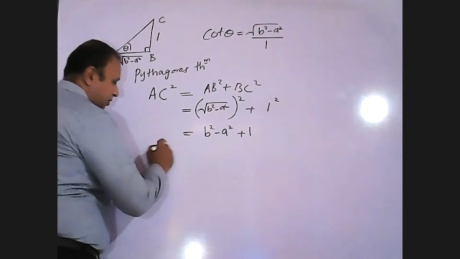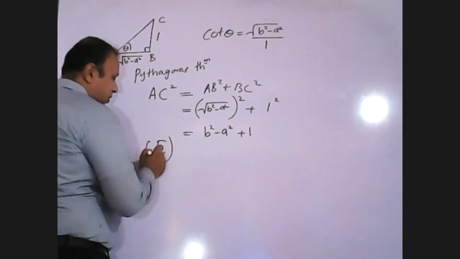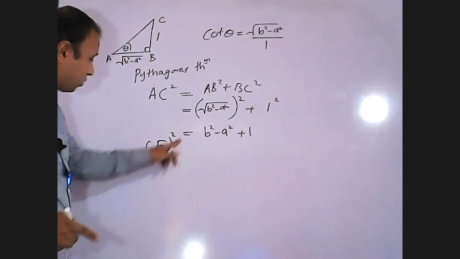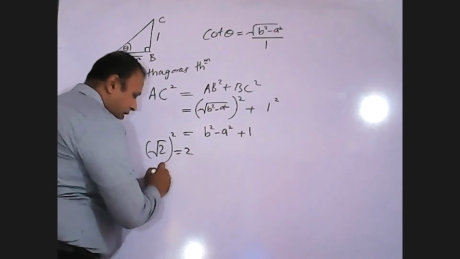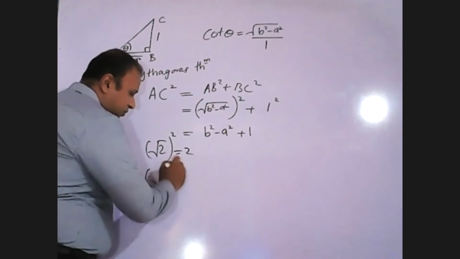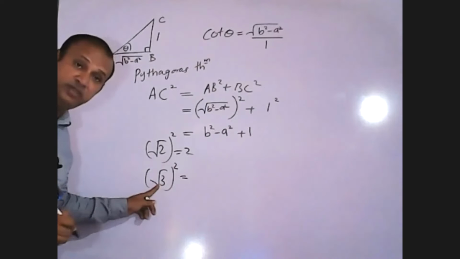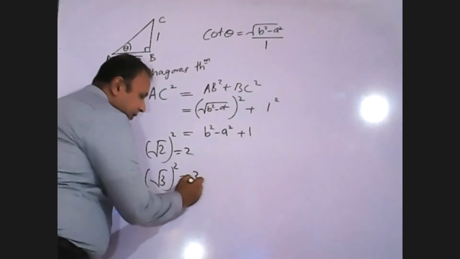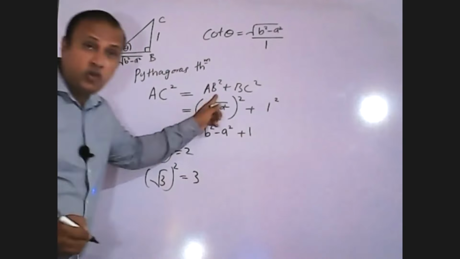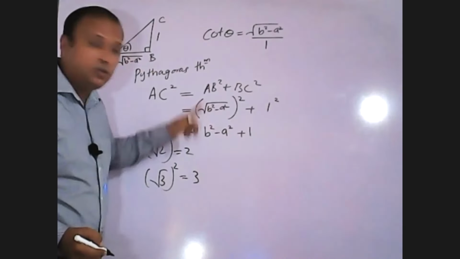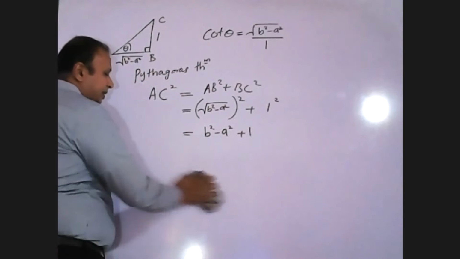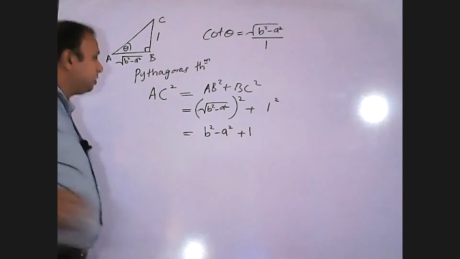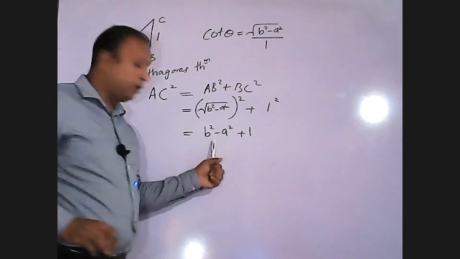The square of square root 3 is equal to 3. So the square of any square root is equal to that number. Therefore, the square of square root of b squared minus a squared is equal to b squared minus a squared.